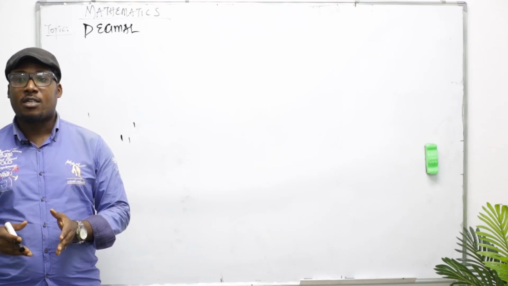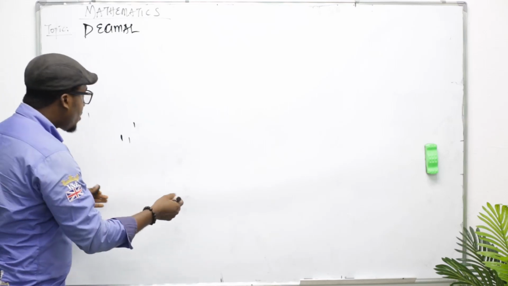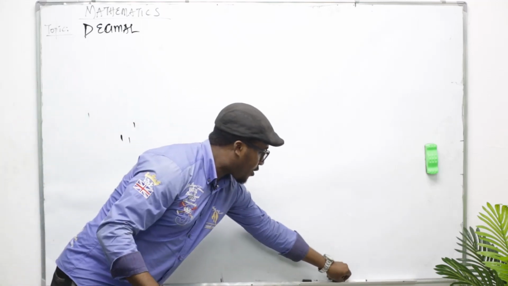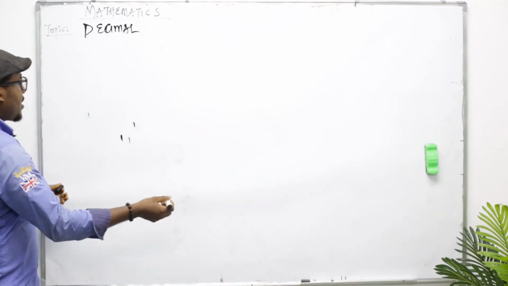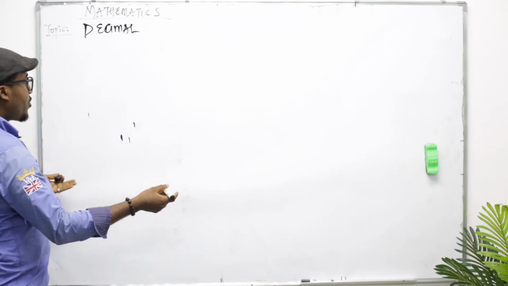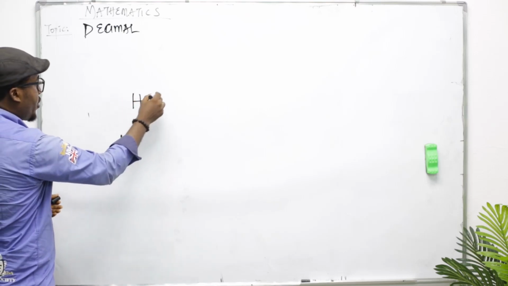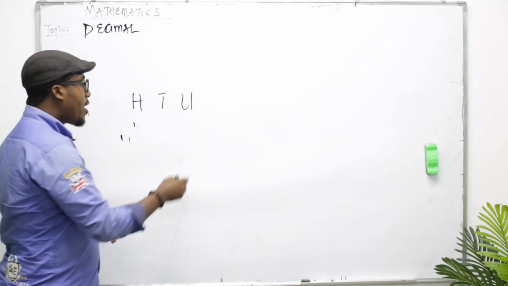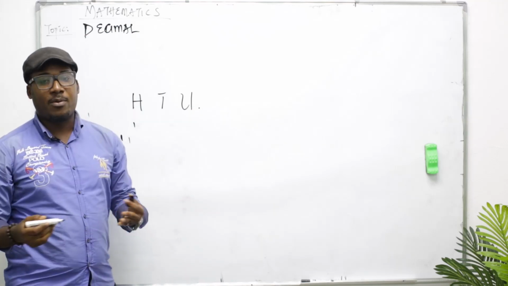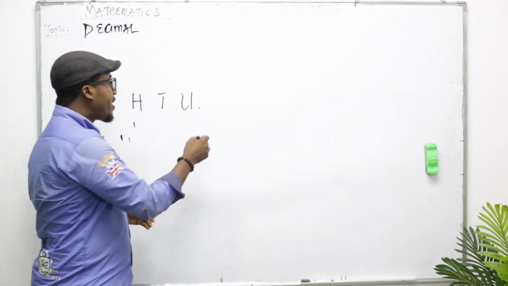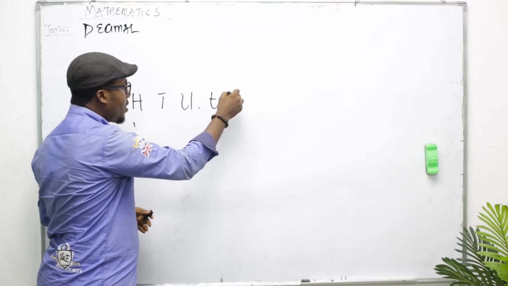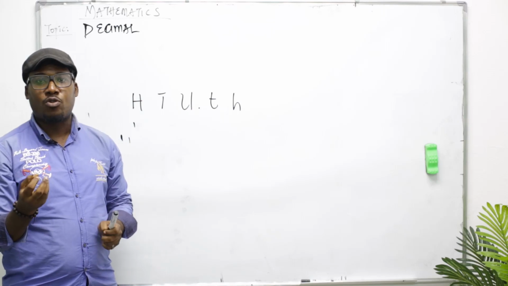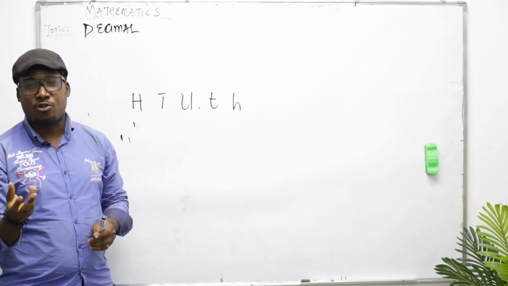You came across a decimal point, and every other thing became smaller. For example, you had your hundreds, your tens, and your units. And when we put this point, everything became smaller, a minute amount, a minuscule number, a small number, a fraction number.